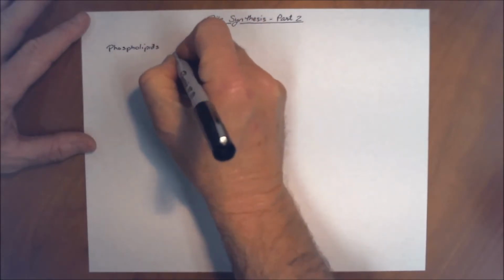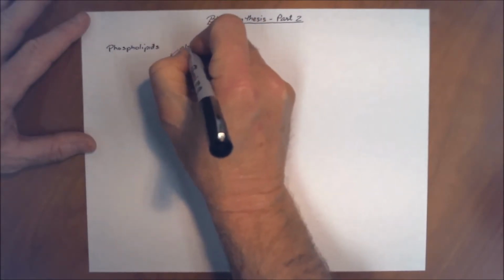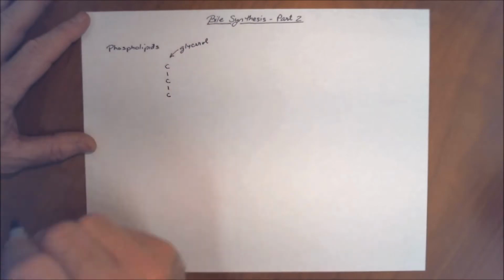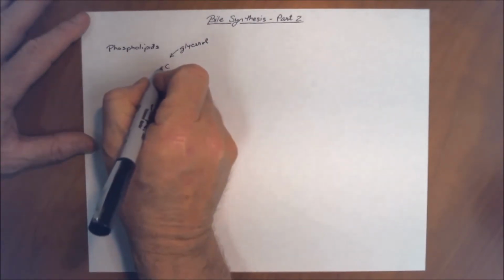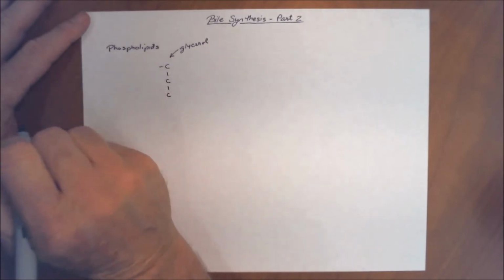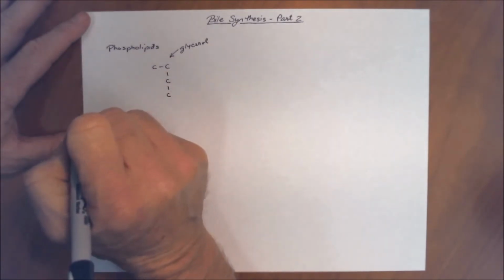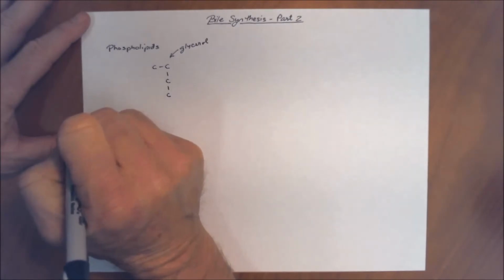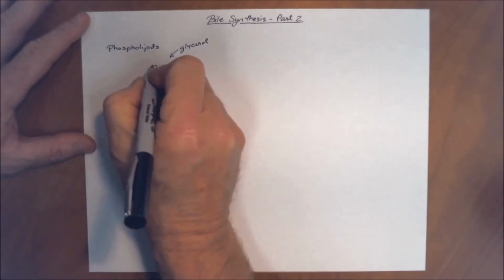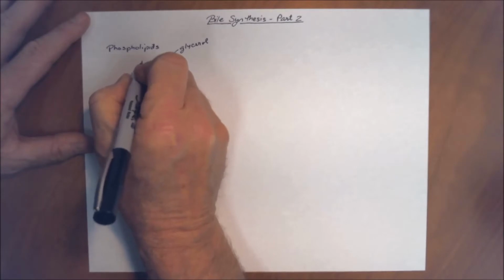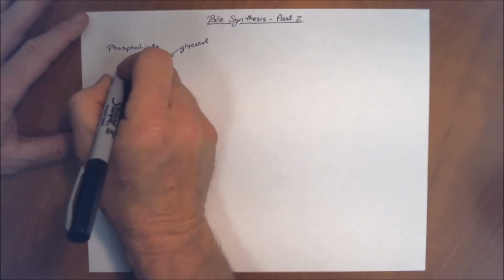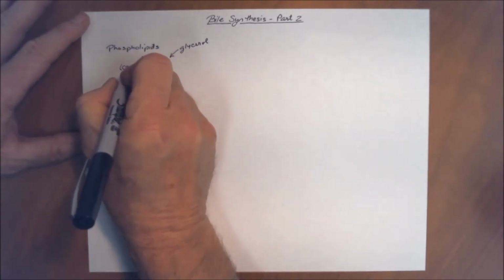We have a glycerol backbone, simple 3-carbon backbone, and then conjugated to this is where we have our fatty acids. And these are our long hydrocarbon tails.